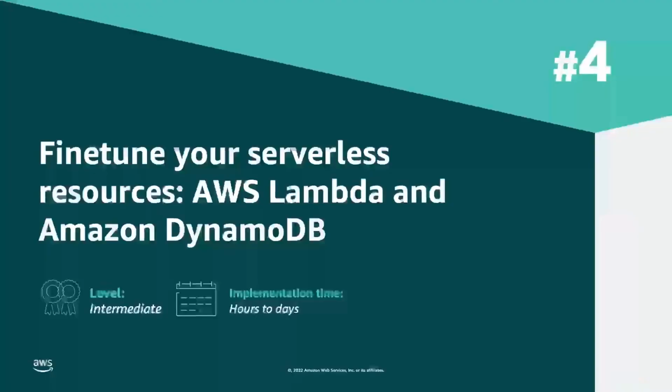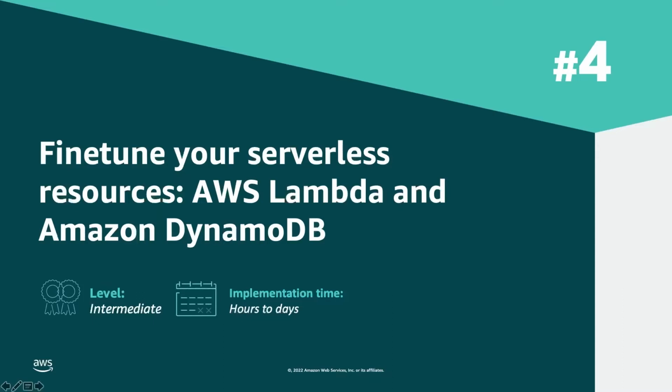Number 4, fine-tune your serverless resources, in particular, AWS Lambda and Amazon DynamoDB. If you're using serverless compute resources, like AWS Lambda, and you haven't performed any fine-tuning to your functions, you might be paying unnecessarily for all your Lambda executions.